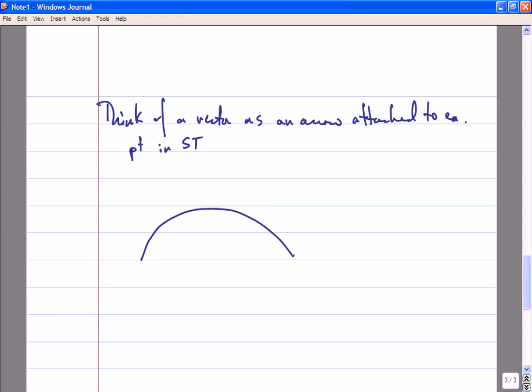So what I want you to do is think of your manifold. Okay, you've got some sort of curved geometry here. And you choose some point that you're going to look at. And you think about the plane which is tangent to that point. And you think of your vector as a little arrow which lies in that plane. And that's not even a bad approximation. In fact, if you work through any one of the number of various precise mathematical definitions for a vector, that's precisely what they're saying you should do.